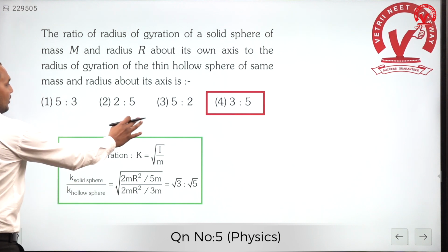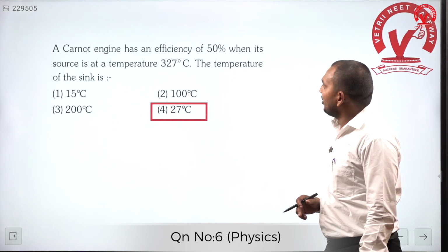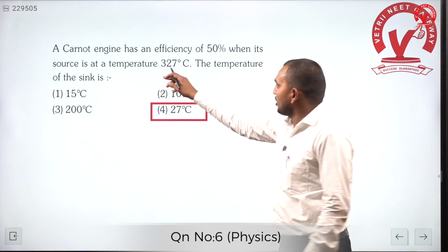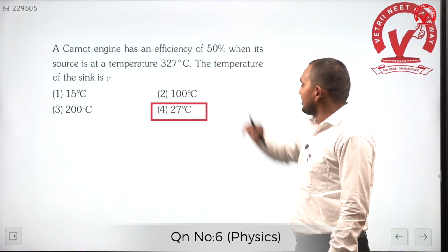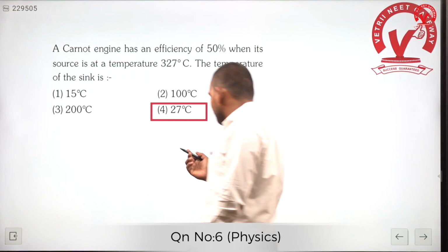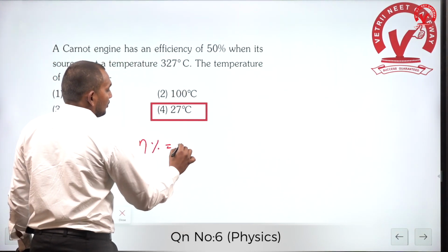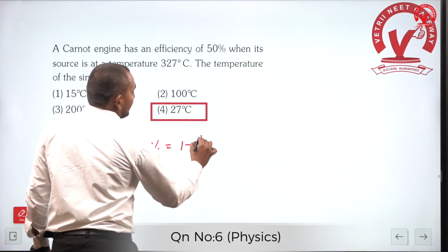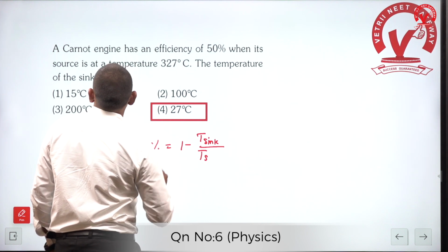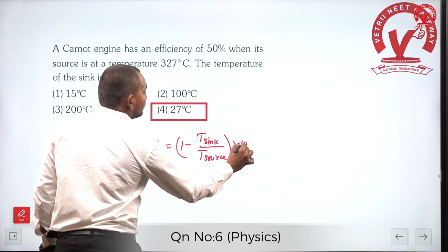Next we move on, next question. The Carnot engine has an efficiency of 50% when its source is at a temperature of 327 degrees Celsius. What is the temperature of the sink? We know the efficiency formula: efficiency is equal to 1 minus T sink divided by T source, into 100.